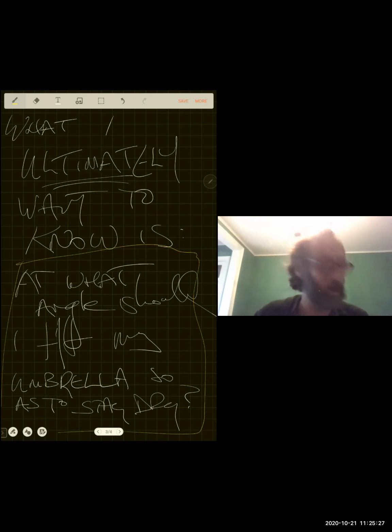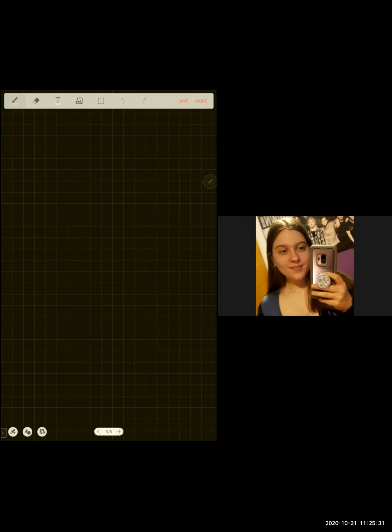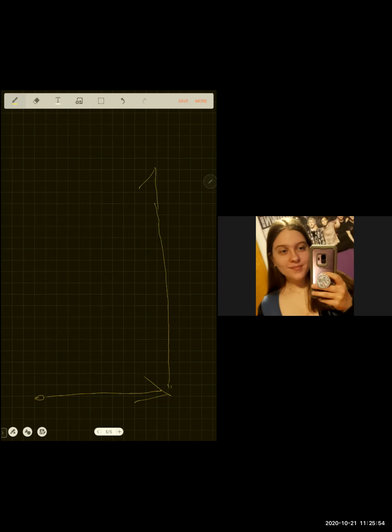I have 2 meters per second going to the east, so that one line. Is that fair? And then from that tip, I put the tail of the 5 meters per second, like this, but mine looks upside down because I went with the actual directions.